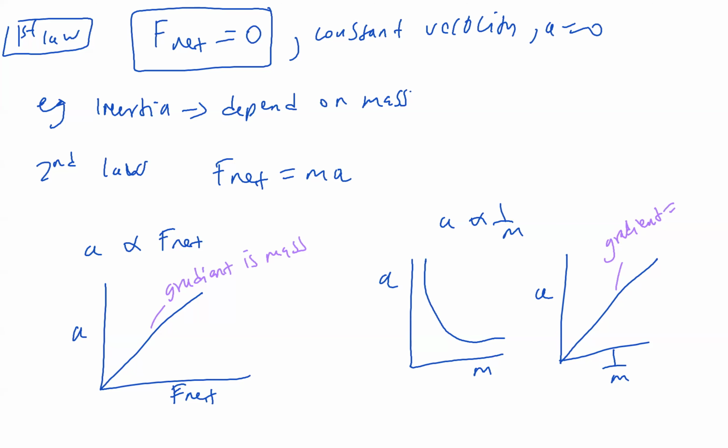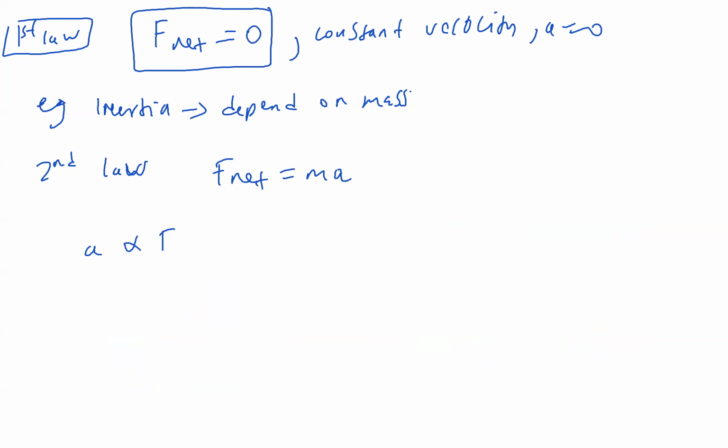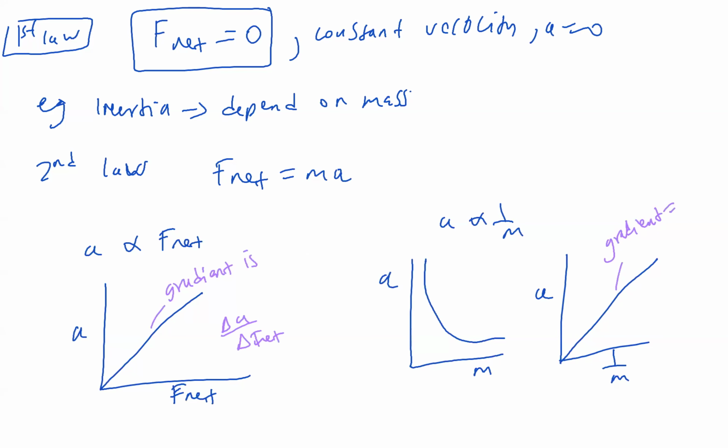Now let us look at the following. I want to verify the gradient here. We are saying change in a over change in Fnet. So this is the one which is 1 over mass. It's 1 over mass, it's not the mass.